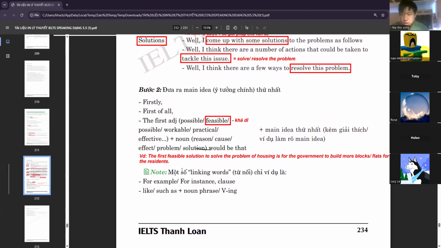Then I would add that, for example, the government could invest a few million dollars of their citizens' tax money to start a program that could provide buildings for areas with a high population density rate.